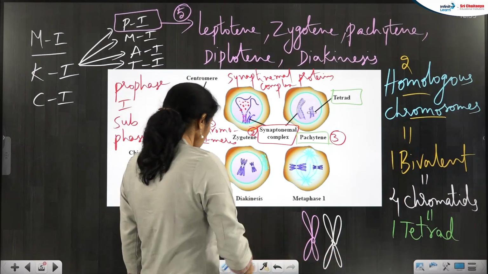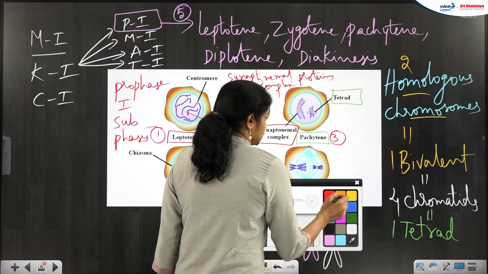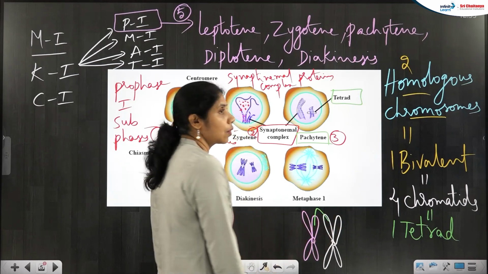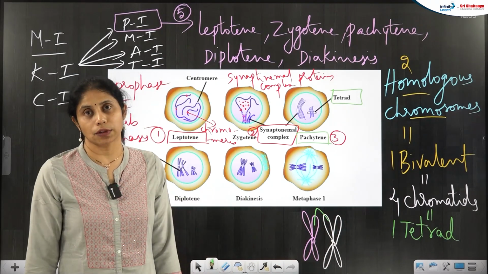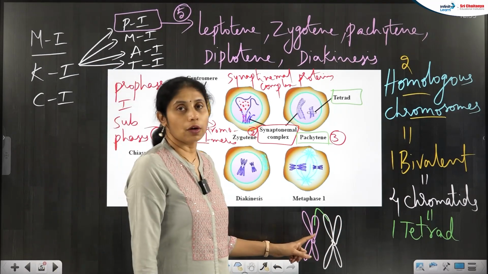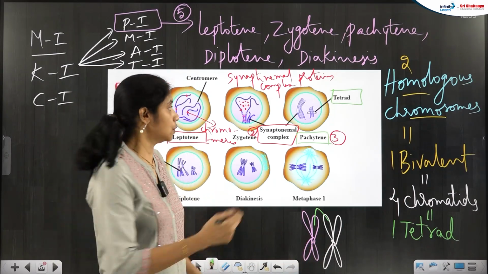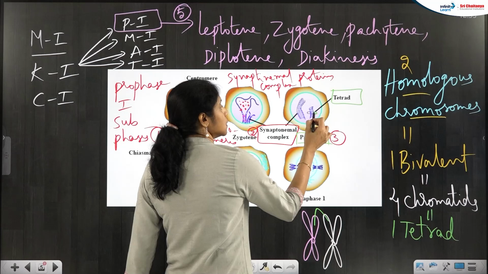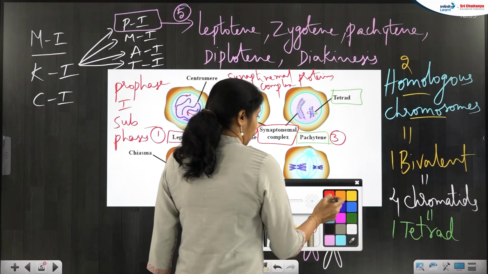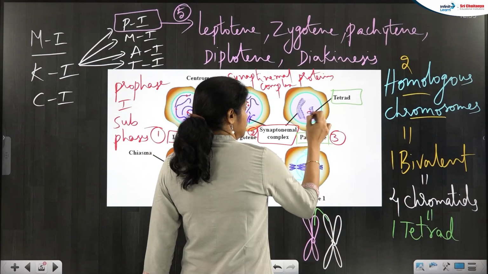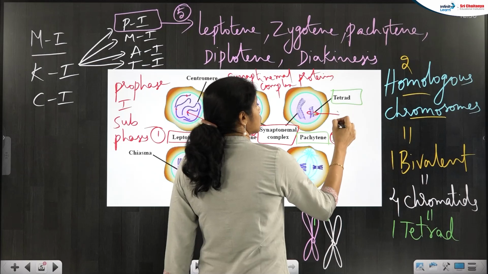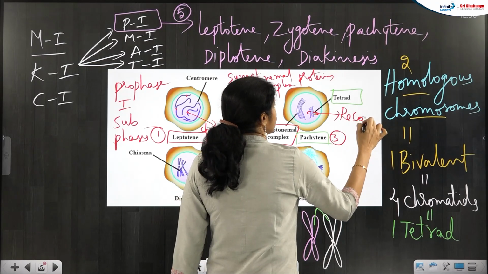Take one pink and one white; these two are called non-sister chromatids. These two non-sister chromatids will form recombination nodules. You can see here, this is given. Between the non-sister chromatids, recombination nodules are formed.